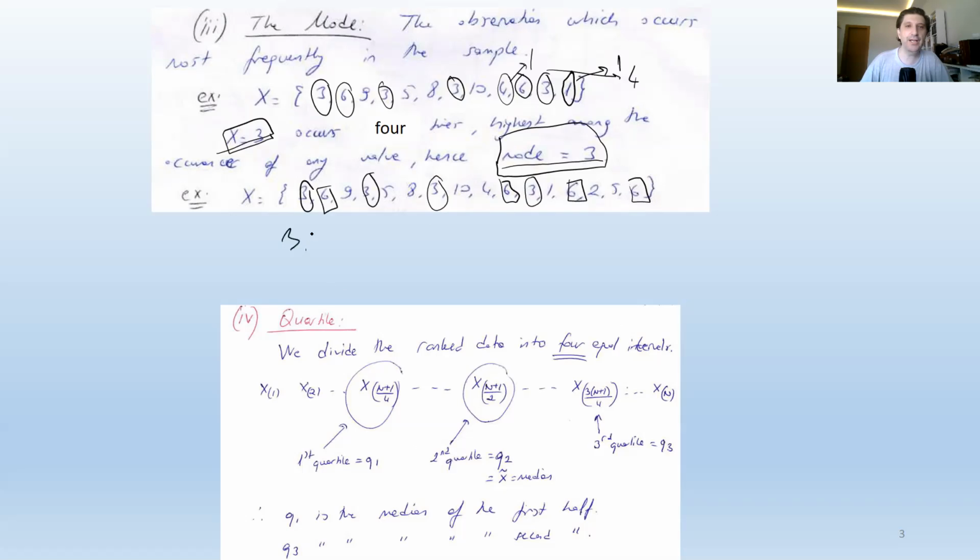So both 3 and 6 occur 4 times equally. None of the other observations occurs as many times. Therefore, for this data, you do not select one of these values; you report both of them.